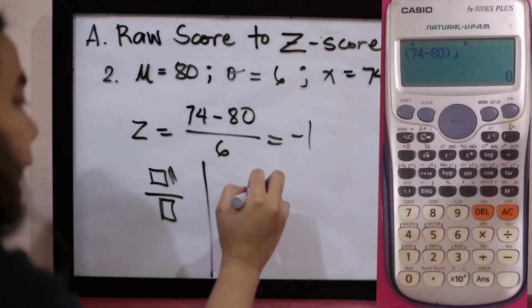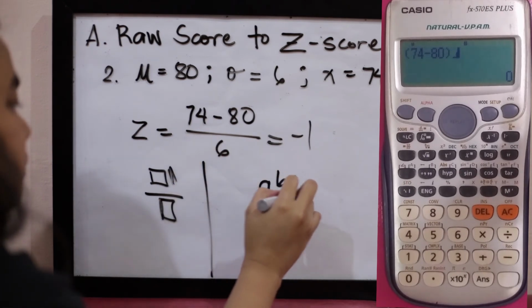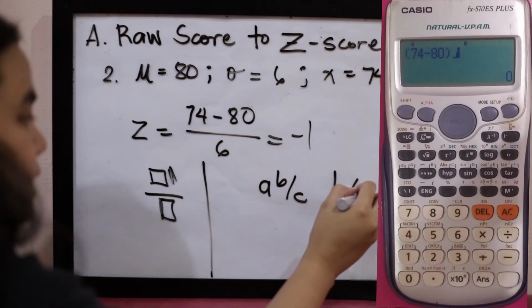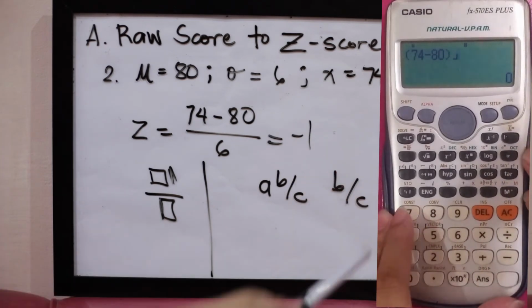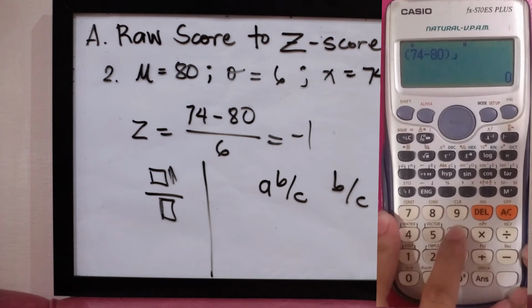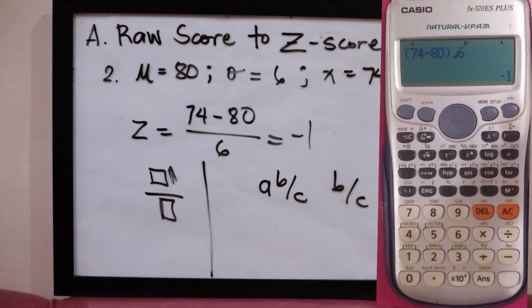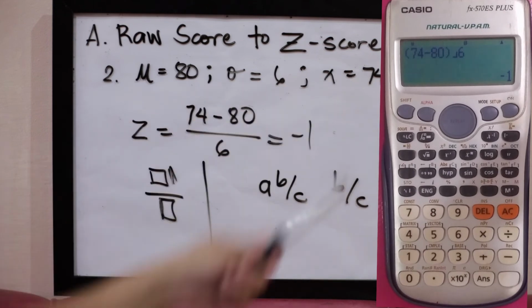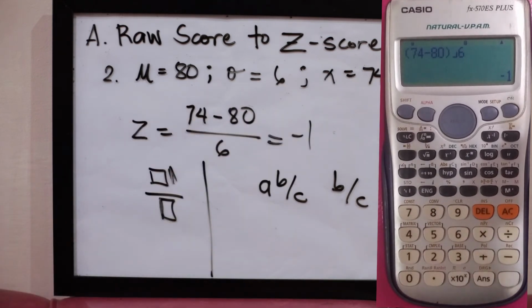For 2-liner, it is A B over C, or B over C lang. You look for this function. Then, all over 6. Then, you press the equal sign. You will still get the value of C-score as negative 1 if your raw score is 74.